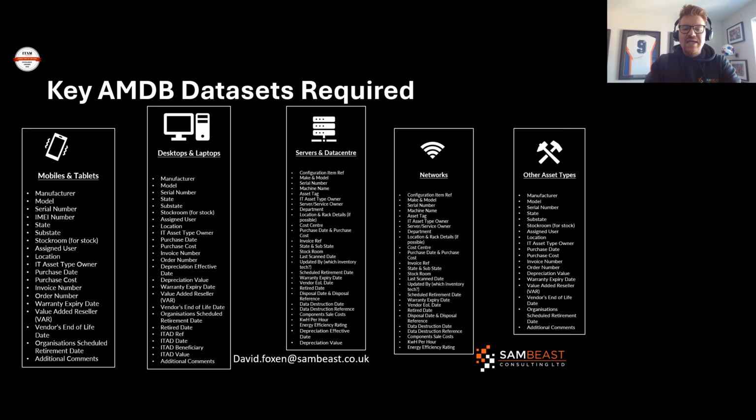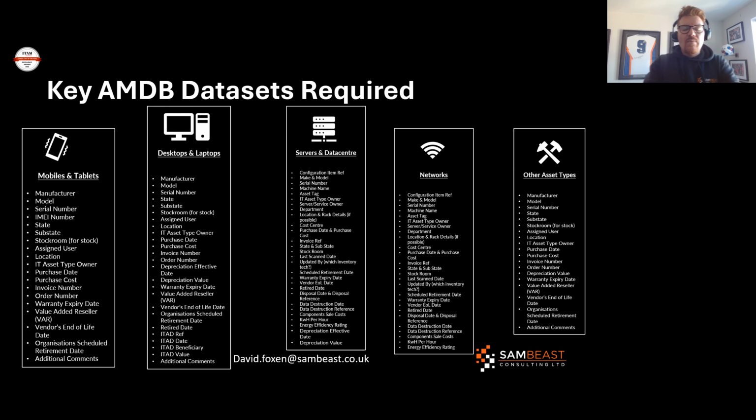But a lot of the HAM technologies and your AMDBs that are housed in an ITSM tool, for example, will have a lot of these data sets already in there by default. It's just up to you and your IT asset type owners to make sure that you are populating that effectively.